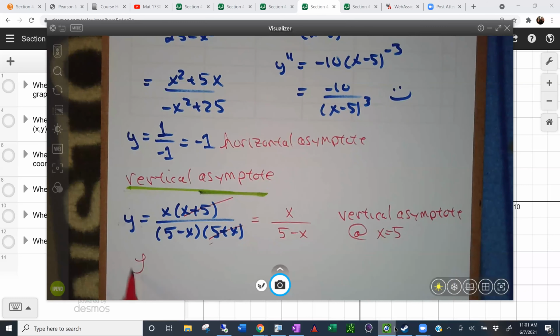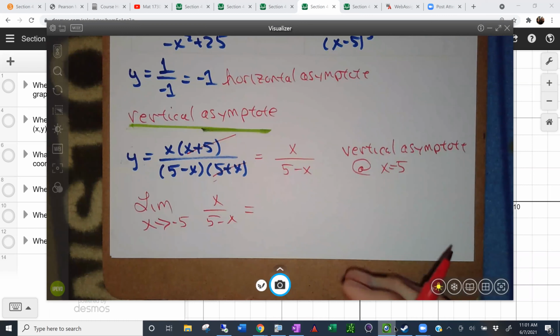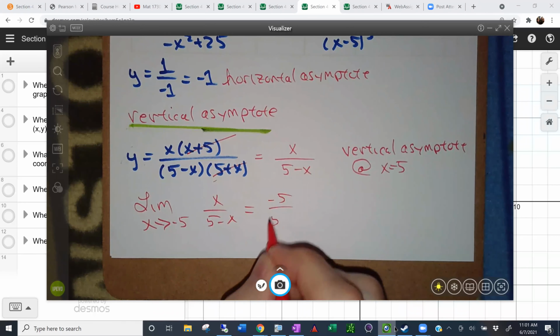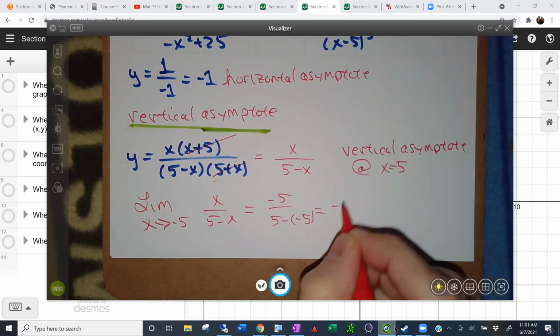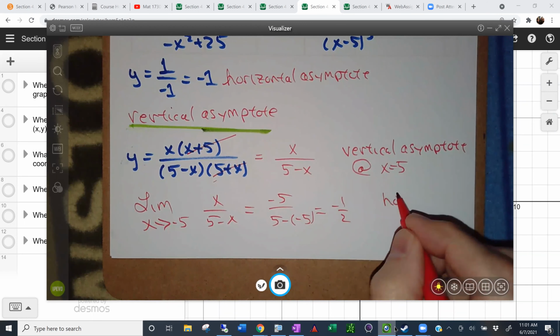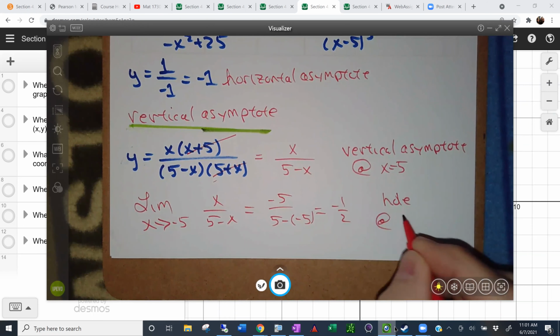So the limit as x approaches -5 of x over 5 minus x, that's going to be what? -5 over 5 minus -5 gives you -1/2. Let me simplify it. So we should find a hole at -5 and -1/2.